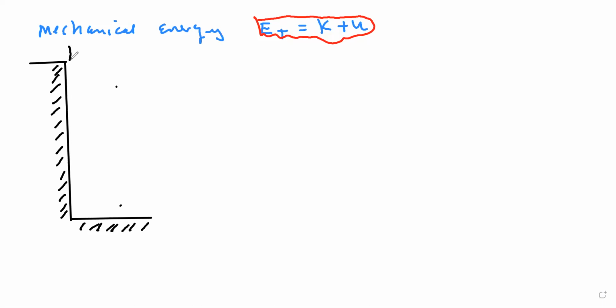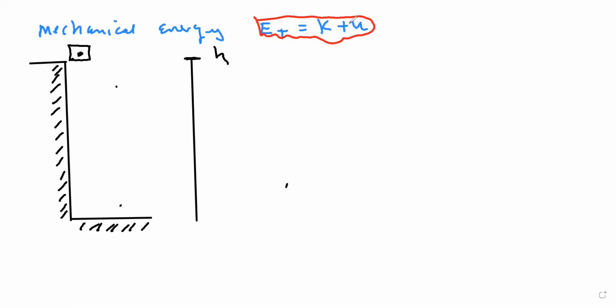And then you have a box over here at the top, a little box. This would be H.